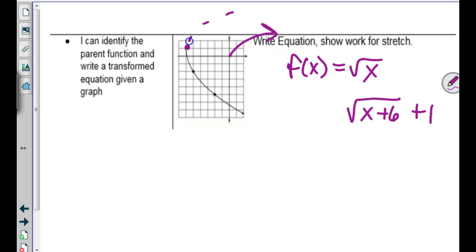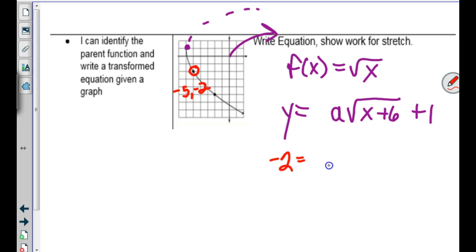Now, it's obviously been flipped as well, right? But you can just find that by putting in a value and it should turn out negative, okay? So pick a point that's not the vertex point or the corner point there. -5, -2, is he right, guys?